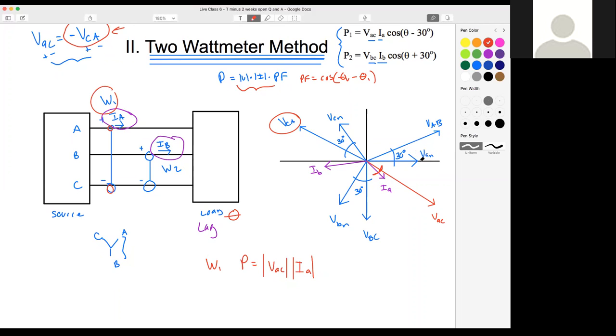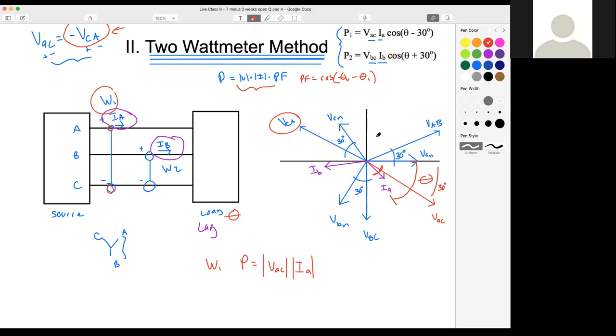So theta is going to be the angle from here to here. That's theta. And we know we can get from VAN to our rotated VAC by 30 degrees. So this angle is going to be 30 degrees.